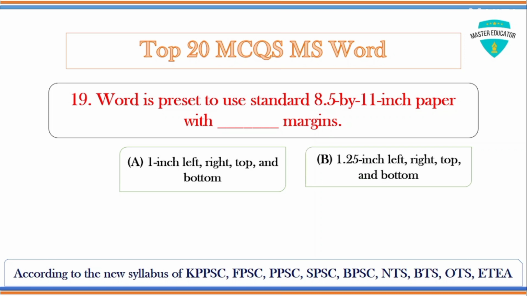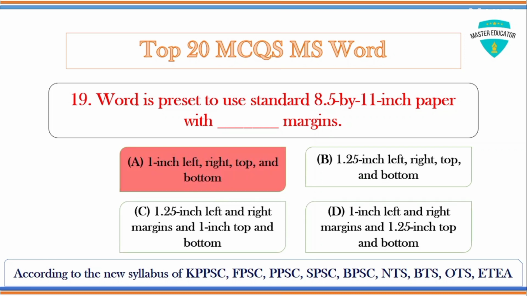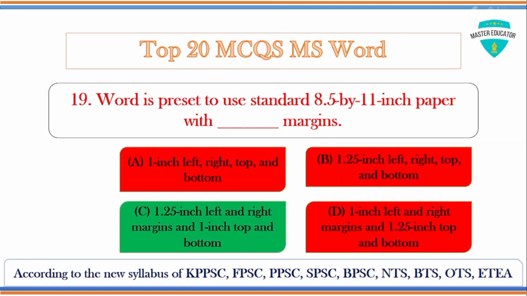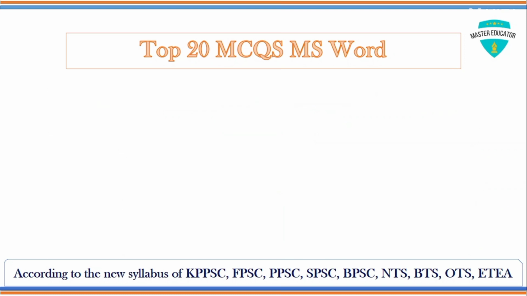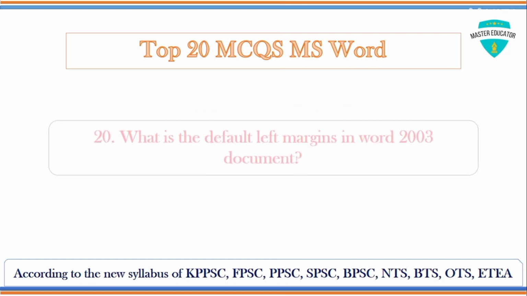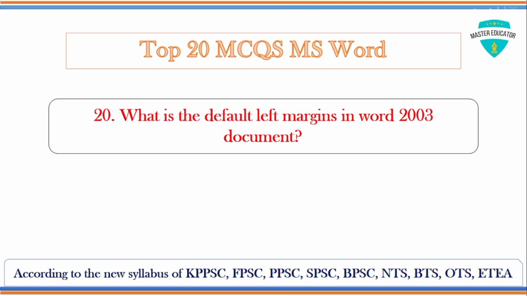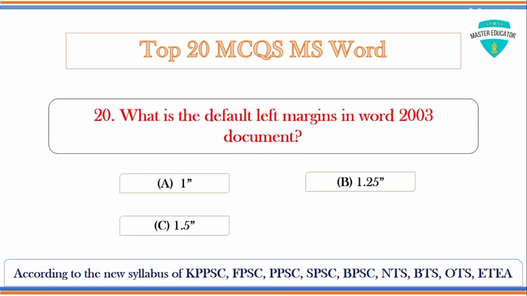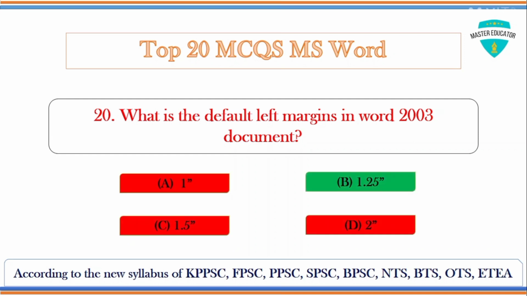Option A, option B, option C, and option D. The correct option is option C. Last MCQ is what is the default left margin in Word 2003 document? Option A 1, option B 1.25, option C 1.5, and option D 2. The correct option is option B, which is 1.25, the default left margin in Word 2003.